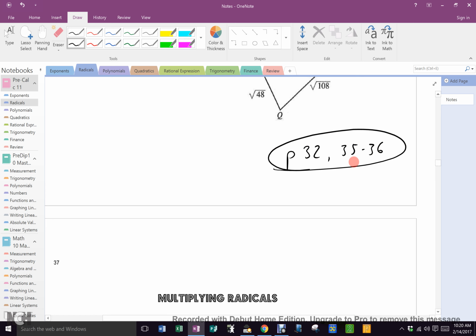Guys, I'd like to do a quiz on radicals. You are going to do multiplying radicals, dividing radicals, and we've already done adding and subtracting. I'm going to warn you, dividing radicals is very tricky, and it's got a weird step in it that doesn't make a lot of sense.